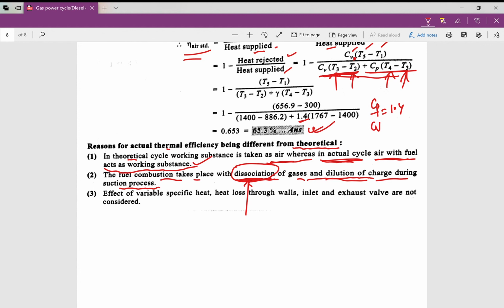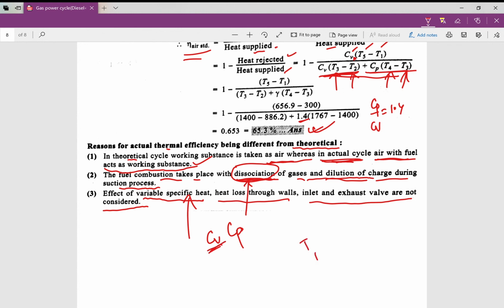Now students, here is a very important one: effect of variable specific heat. Heat loss through valves, inlet and exhaust valve, are not considered. For specific heat, here we have considered whether it is Cv or Cp, throughout the cycle it remains the same.